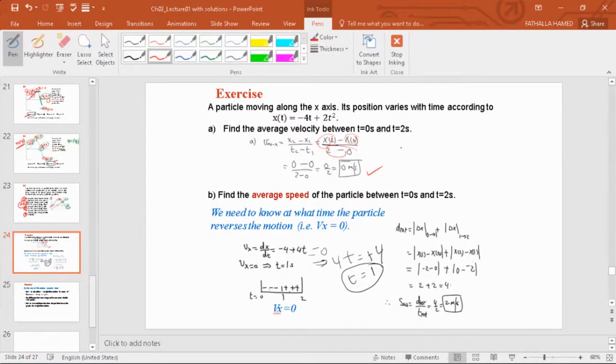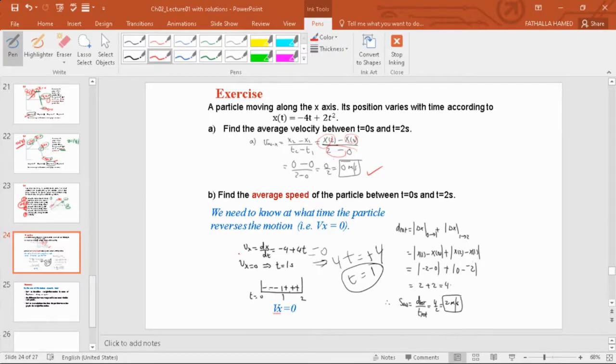velocity. Then they ask you here about average speed. So to get the average speed, you want to know how much did you move to the positive, how much did you move to the right. So if you want to know, did you stop in the trip when v is equal to 0?